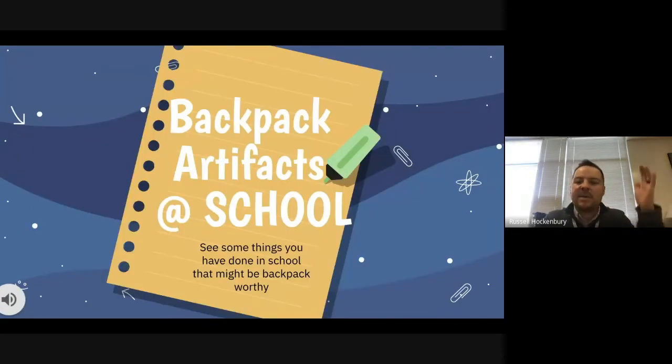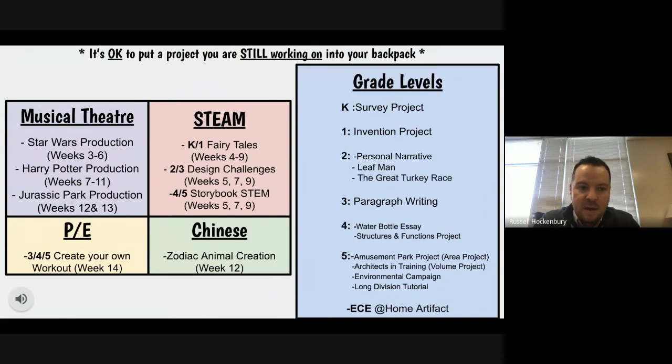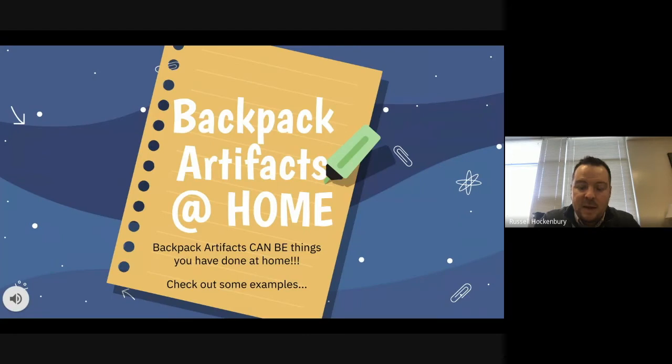And then at the end of this presentation, there are some different ideas for backpack artifacts that you can do at school. So these are different examples that our colleague Becca Reynolds has put in here. And then also backpack artifacts at home, because it's important to know that backpack doesn't just end at school. Backpack is meant to be a working collection of stuff that kids have done throughout their academic careers.